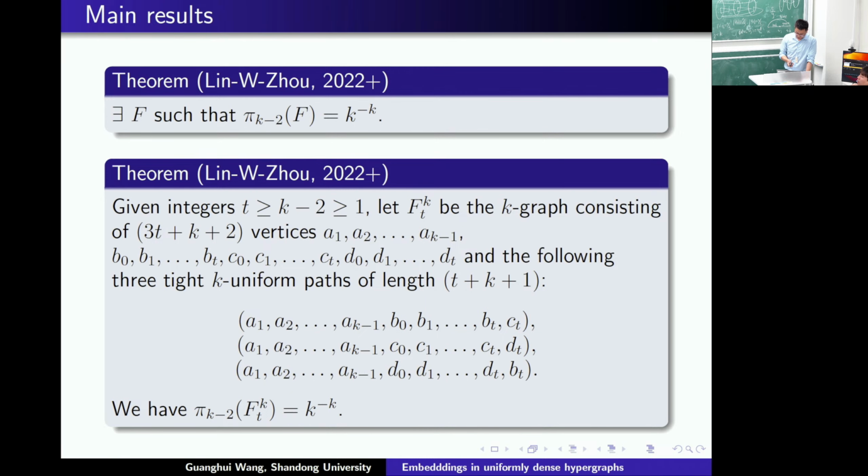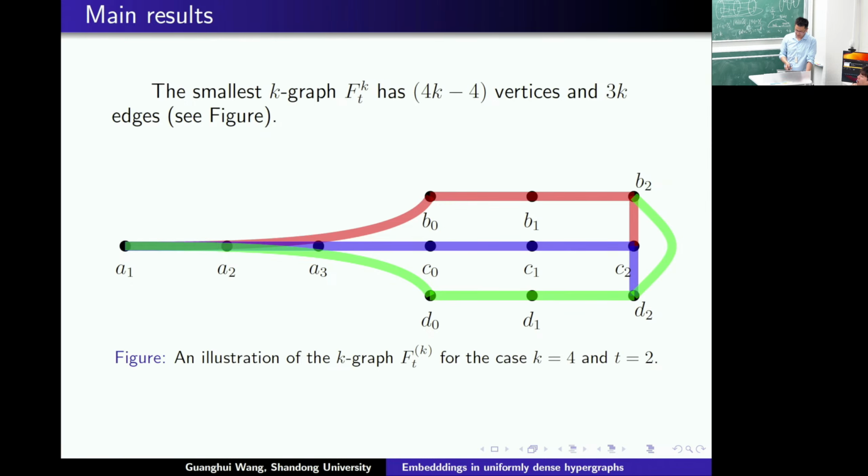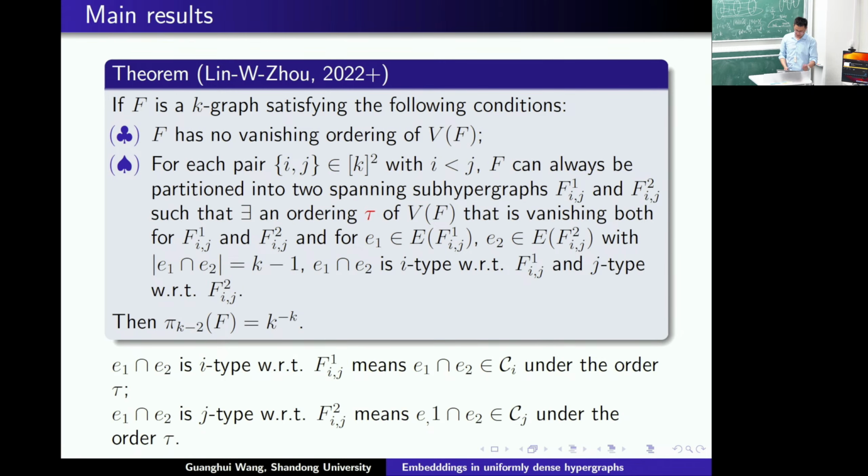In fact, I give an example when K is 4. So this is a tight path, and it's a tight path. In fact, we give a sufficient condition to describe this property.